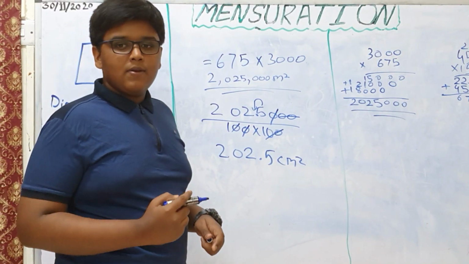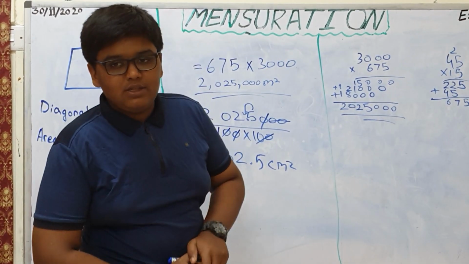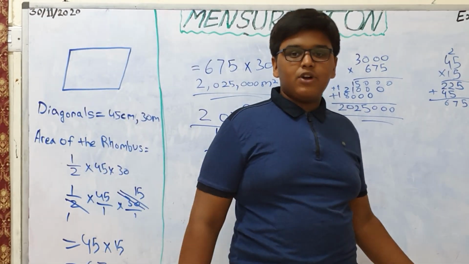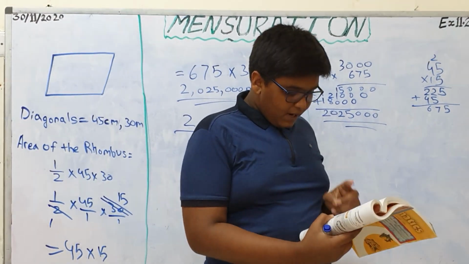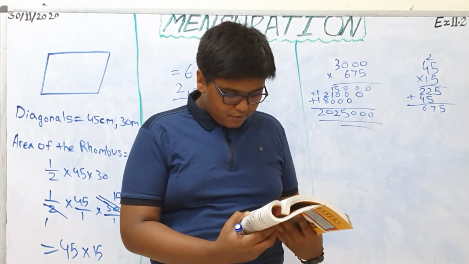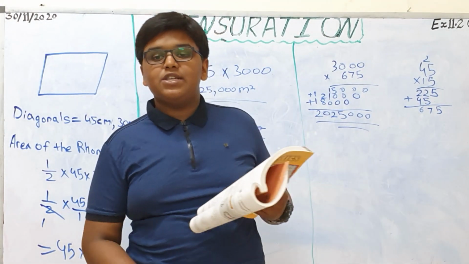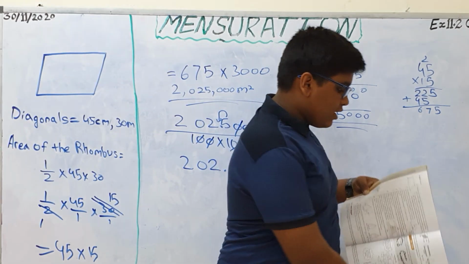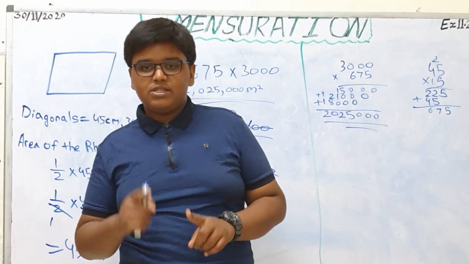In the question, what value have they given us? They have given: find the total cost of polishing the floor if the cost per meter square is rupees 4. Now each tile is rupees 4.